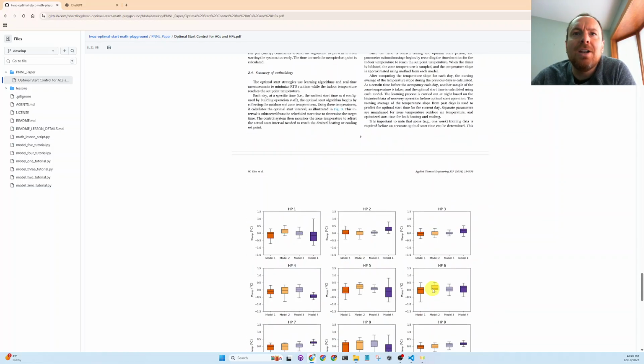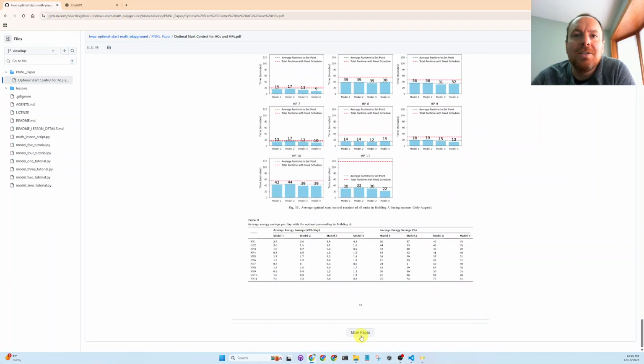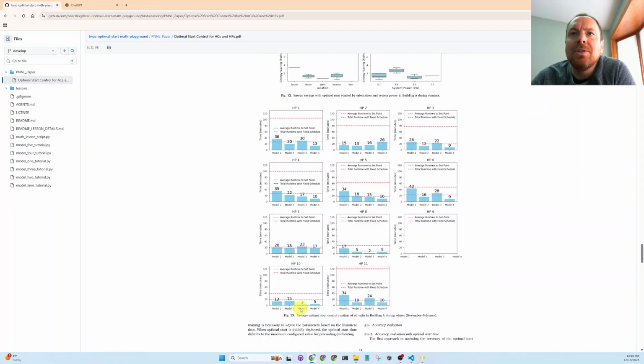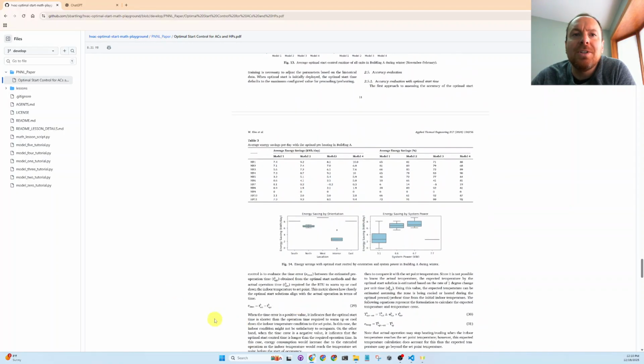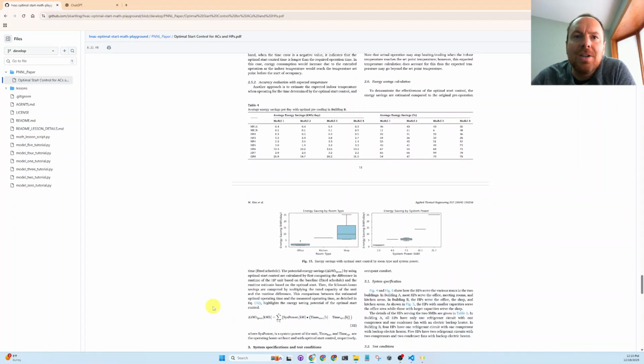I found it kind of interesting that Model 1 is most effective on interior zones of a building that don't have exterior walls, which makes sense because it's not factoring in outside air temperature.